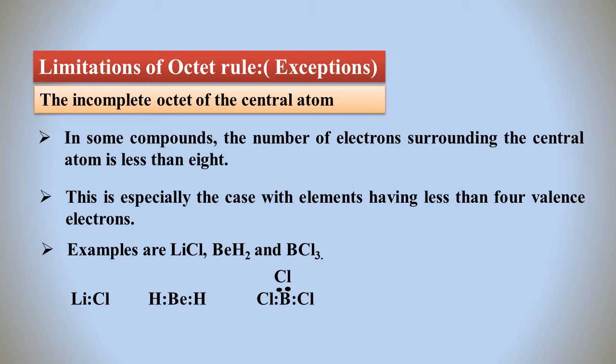Here we have 1 valence electron, here 2 valence electrons in beryllium, and here boron with 3 valence electrons. So it's a special case for elements that have fewer than 4 valence electrons in the outer shell.